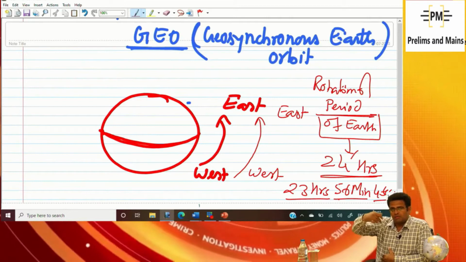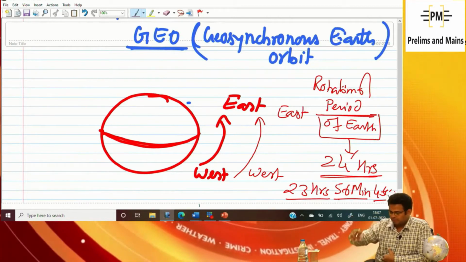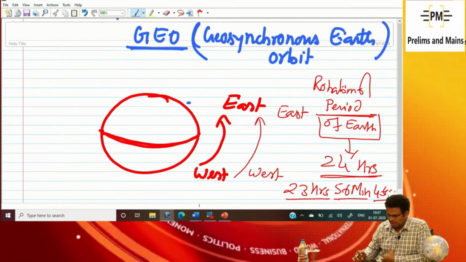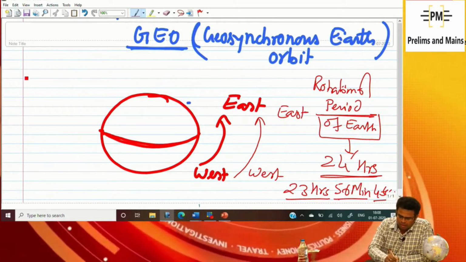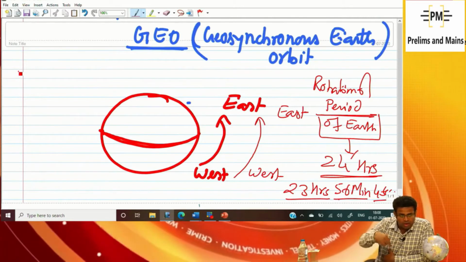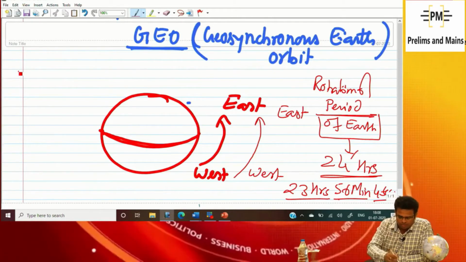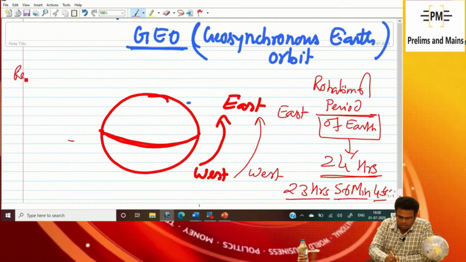So one rotation is covered by Earth like this, and in the same direction our satellite is also moving and revolving around the Earth above the equator.